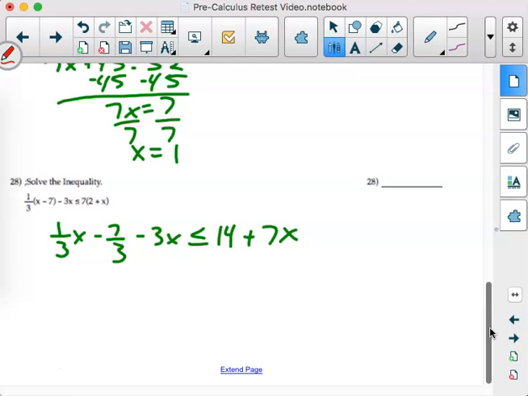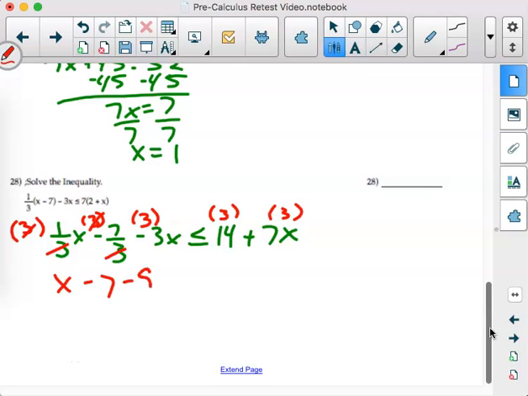You take a peek at it and you say, oh, if I multiplied all of these terms by the LCD, the numbers might be bigger, but I won't have to deal with fractions. So we can multiply everything, every single term, by 3. And that will give us, because these will cancel, x minus 7.